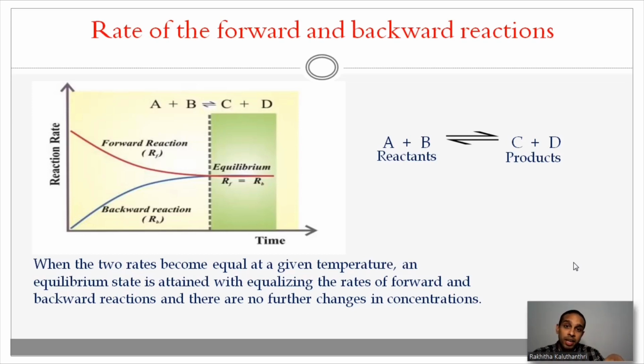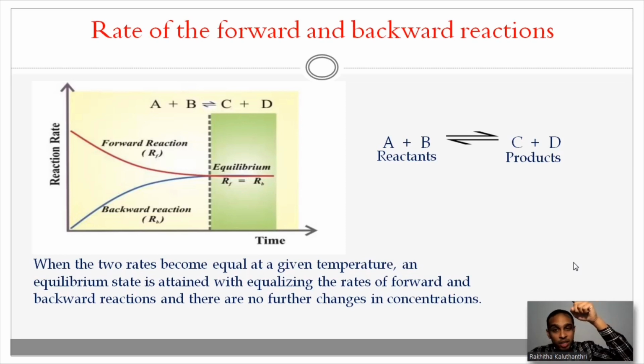But this is not the case with the products that are being formed. As the forward reaction proceeds, more and more products will be formed. So when more and more products are formed, the concentration of products increases. An increase in the concentration of products means the rate of the backward reaction, which starts from products, increases. Right? The rate of the backward reaction keeps being on the rise.